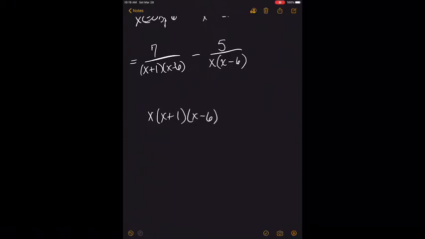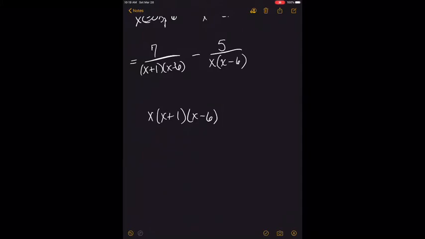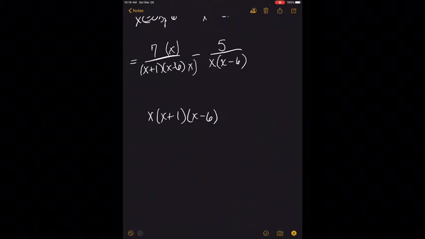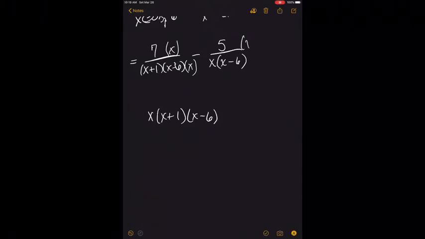All right, now this tells us what we need to multiply each term by. We have to multiply the first term by x over x, and we have to multiply the second term by x plus 1 over x plus 1.